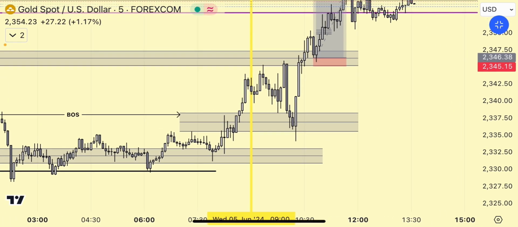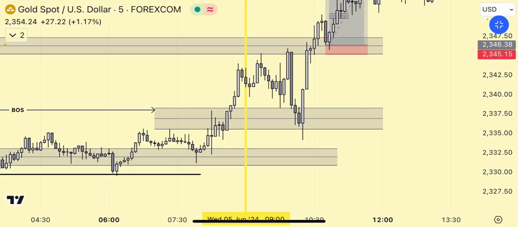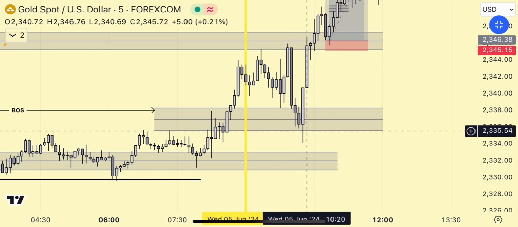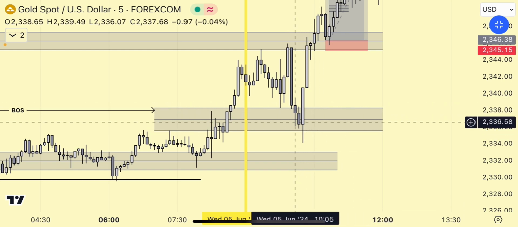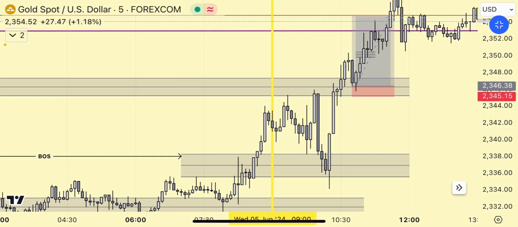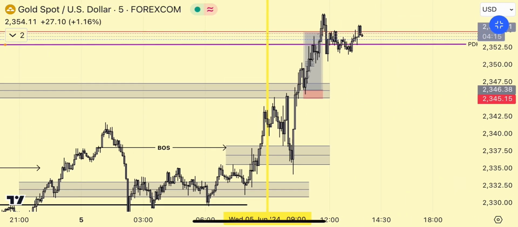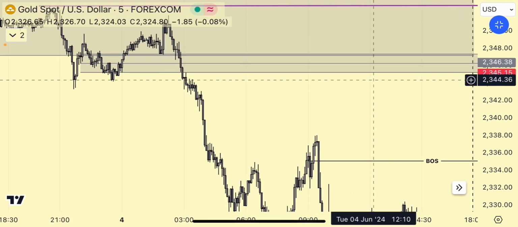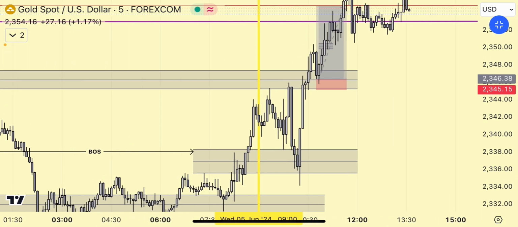After that happened, the only place that we sought was this area of inefficiency. I was not on the chart to take this buy, but I was able to take this other buy because this was the area that I was looking for price to hold, but price did not hold.